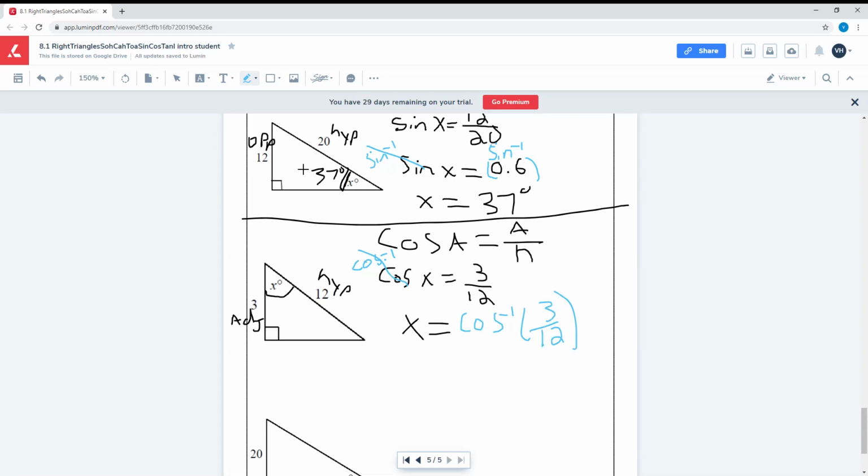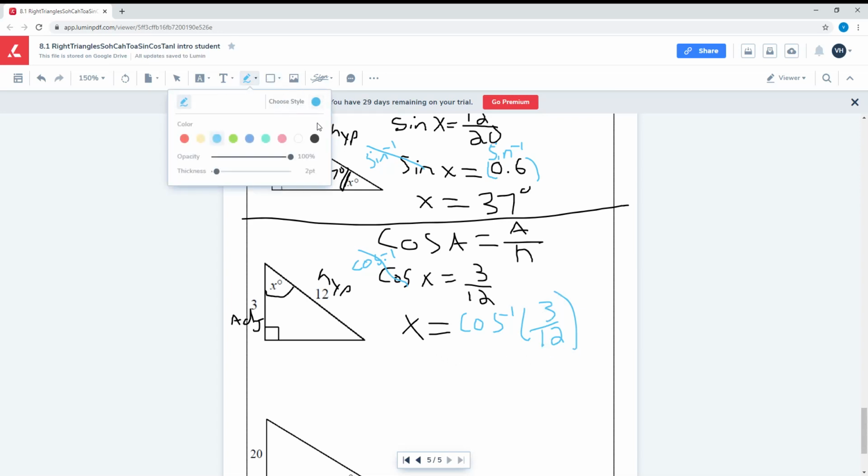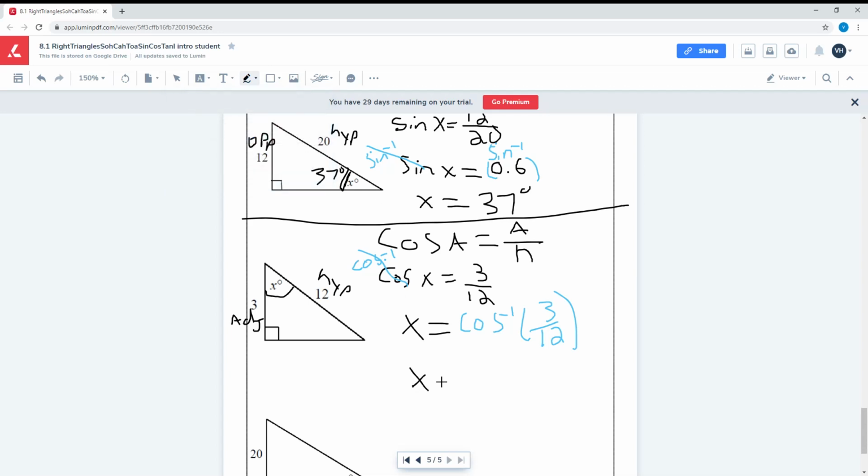So what you can do on your calculator is put a bracket, go 3 divided by 12, bracket, then go second cos. And you should end up with 76 degrees, okay? If you didn't end up with that, you did something wrong and you can recalculate it.